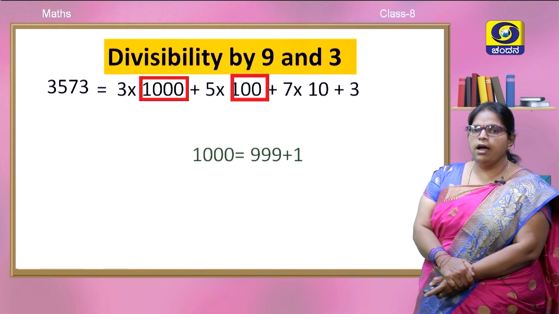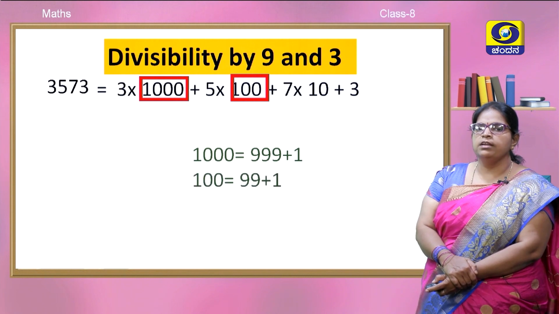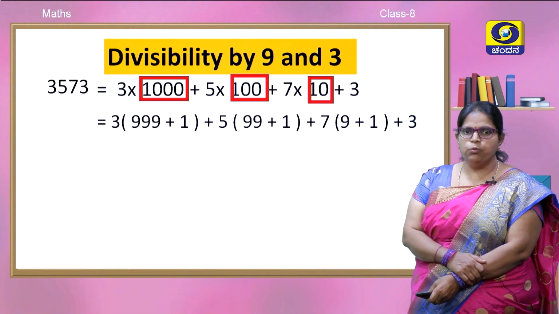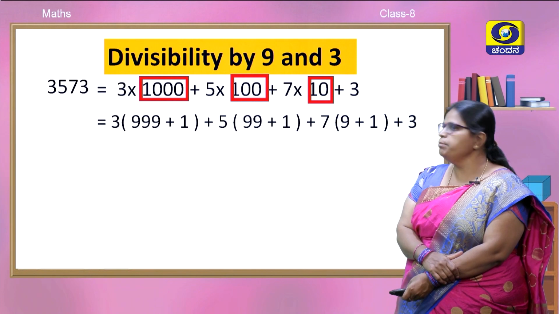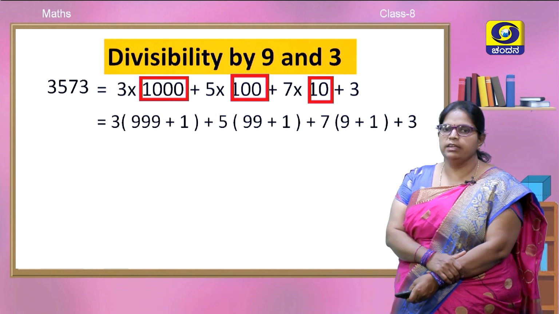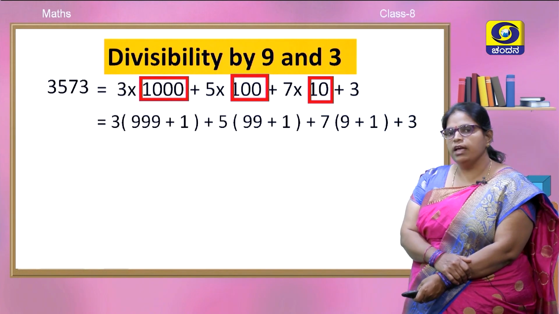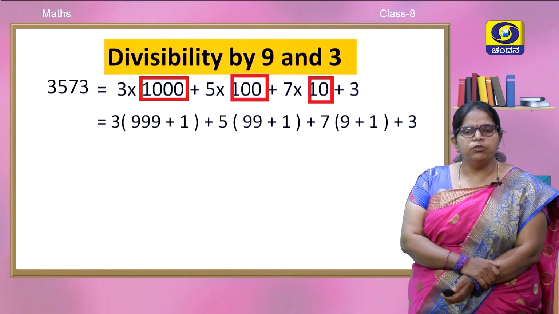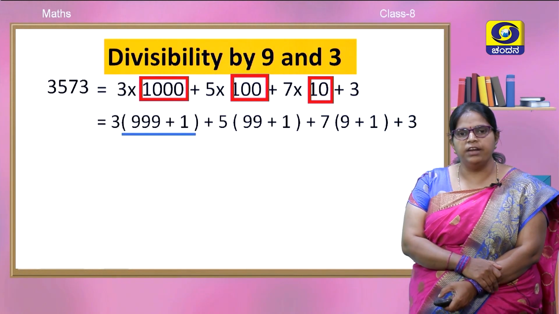Similarly, 100 as 99 plus 1 and 10 as 9 plus 1. Now, we can rewrite it as 3 bracket 999 plus 1 plus 5 bracket 99 plus 1 plus 7 bracket 9 plus 1 plus 3. Now, use the distributive property of multiplication over addition.